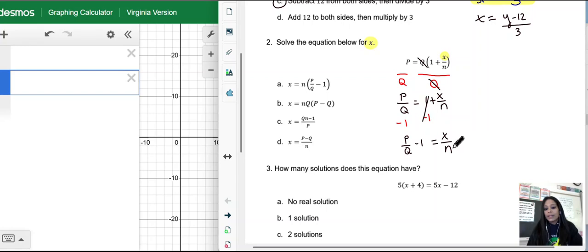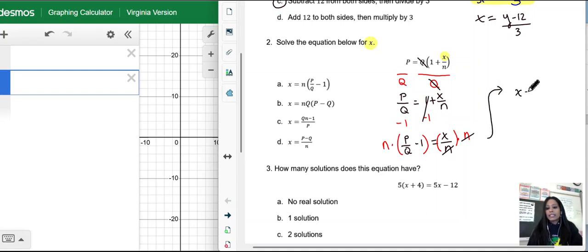And then the last step here is x is being divided by n. So to be able to solve for x, get x by itself, I need to multiply both sides by n, okay? Remember, let me actually go ahead and use parentheses because everything has to get multiplied like that, okay? So what happens here is the n's get crossed out and you just have x by itself. So let me just write everything out.